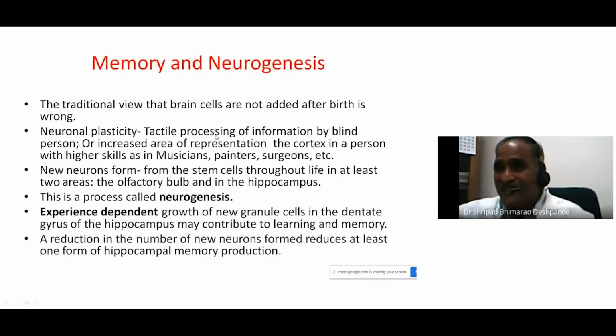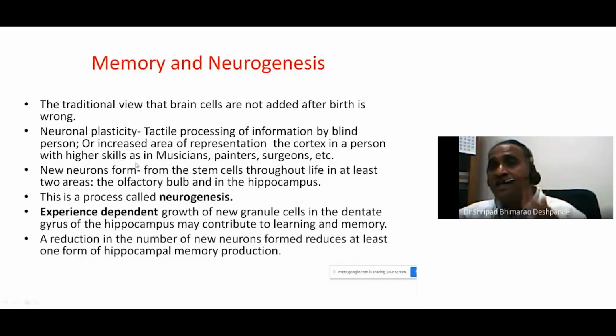Neuronal plasticity: the tactile processing of information in a blind person. You must have seen many of the musicians are blind. They are wonderful musicians. That means that area of the cortex is being used by the other sensory modality, which is important for survival. So that means another important aspect.